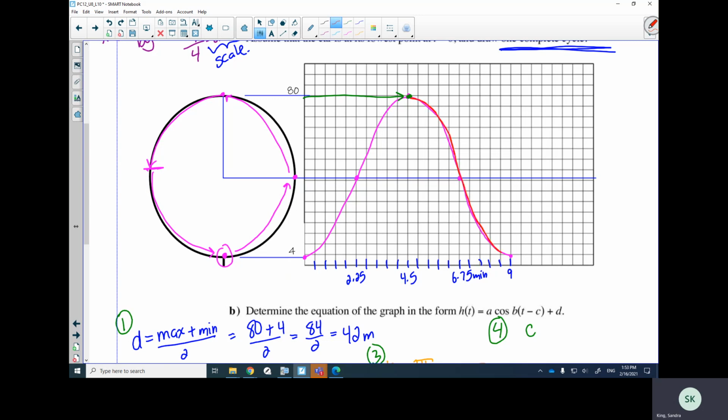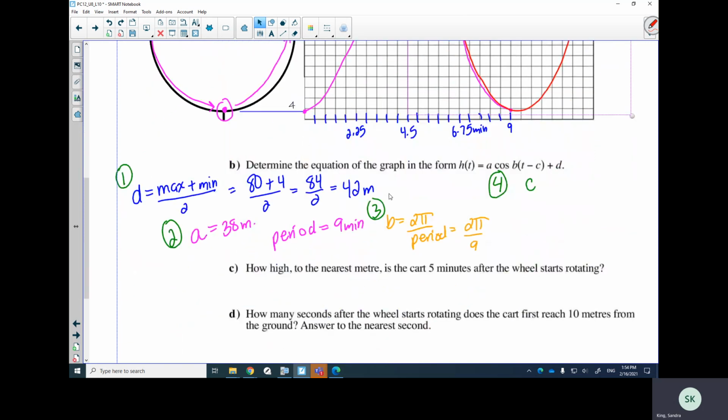So this guy, before the phase shift would have been over here. And then it just got moved over. So what's your C value? 4.5. So your C value is 4.5.